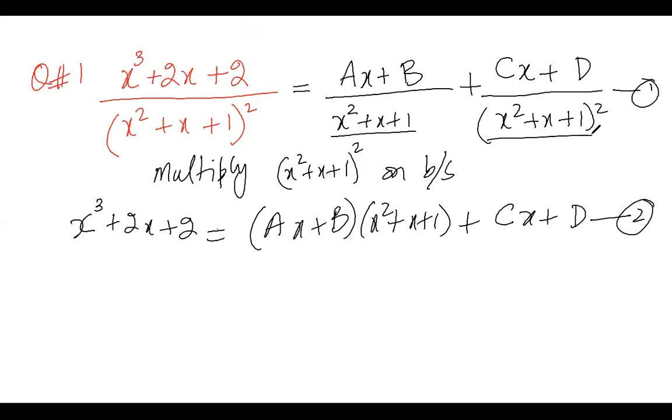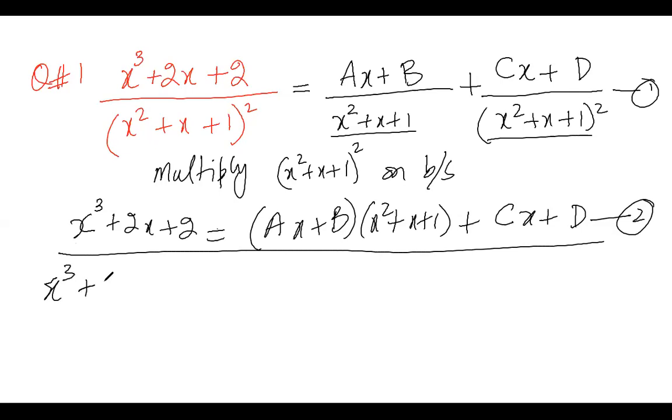Now observe that we don't have any option to put this denominator equal to 0, or this denominator equal to 0. So when we don't have such an option, we just expand this equation. We are expanding it: x cube plus 2x plus 2, and ax will be multiplied with x square, ax cube, plus bx square.